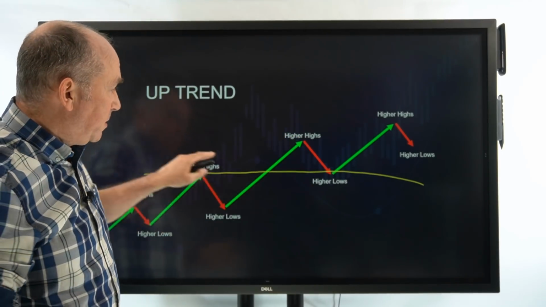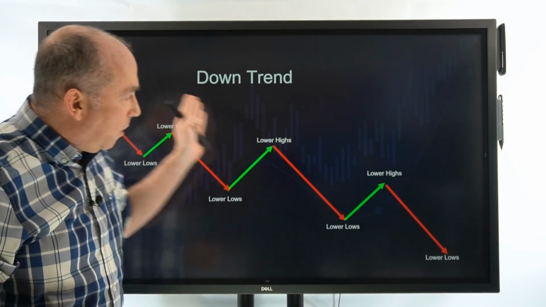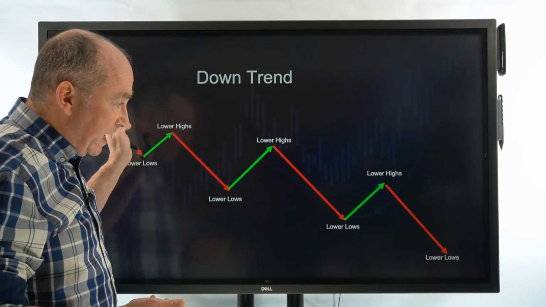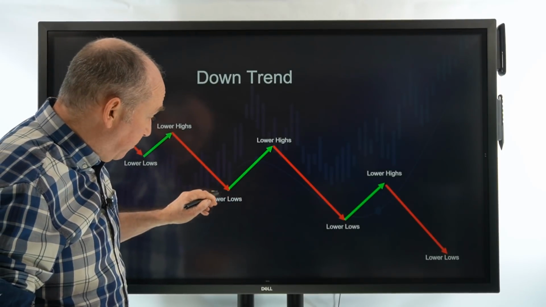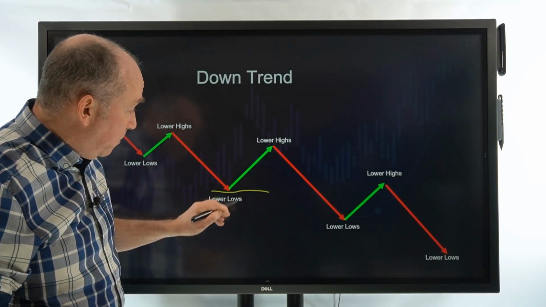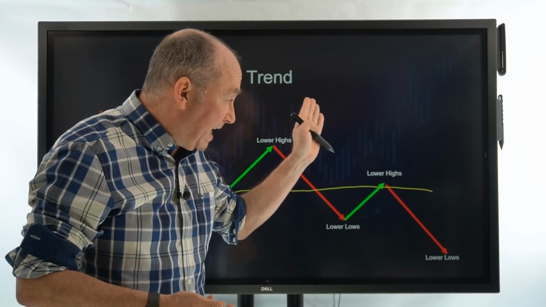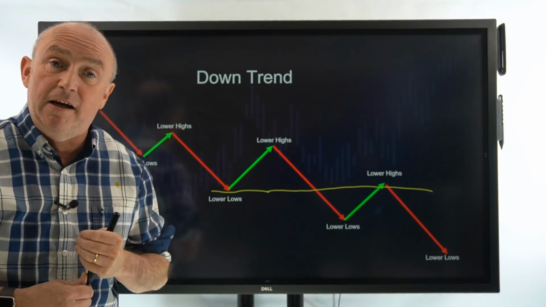And of course, the opposite of that would be the downtrend, where you have your lower highs and you have your lower lows as well. So this market is trending down. And you see here, the market held some support on this impulsive move, the corrective wave, but then the corrective wave was matched by a level of lower high, which basically led to that continuation.